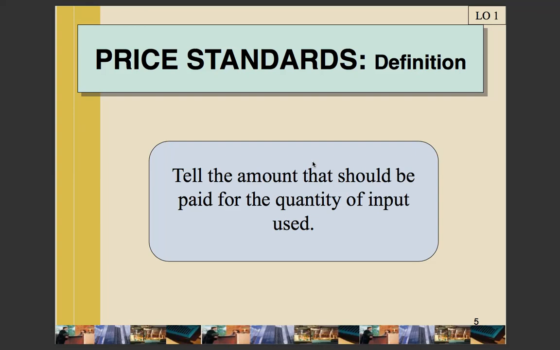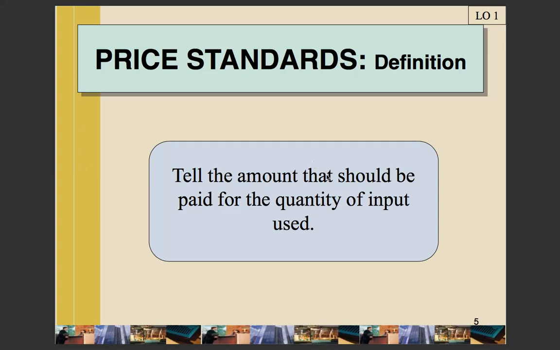Sometimes it increases, sometimes it decreases. So the company has to set the standard price, which is the guidance for the management in order to know the performance.